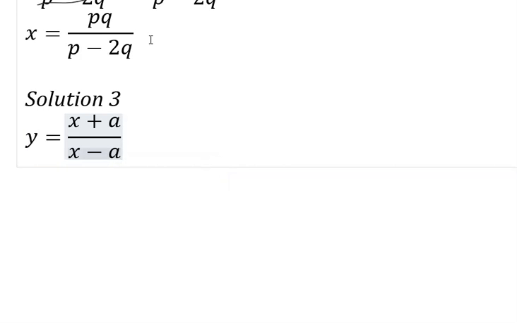Awesome. This question says y equals x plus a over x minus a. First thing first, because we have to make x the subject of the formula, and we have it at the numerator and also at the denominator, we need to simplify it, make it linear first.